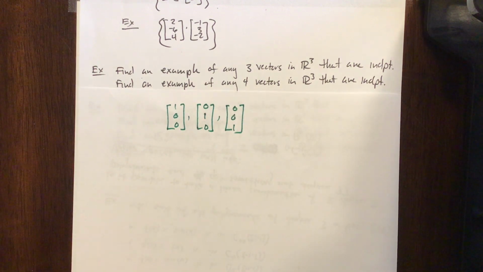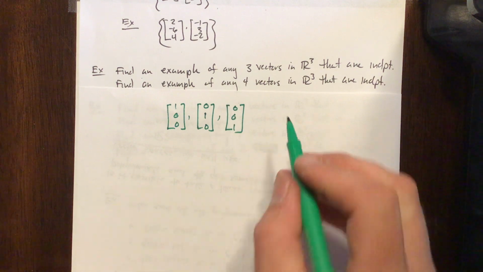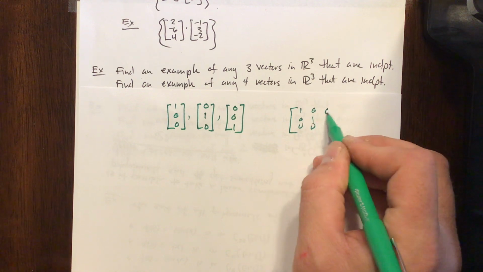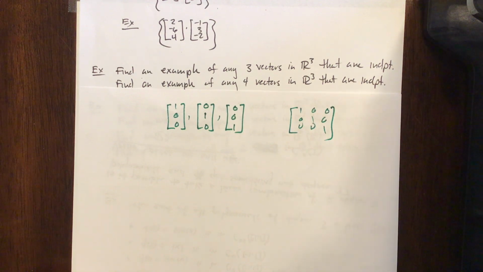How about that? When you look at the corresponding matrix, there's a pivot in every column. Therefore, this set of vectors is linearly independent.